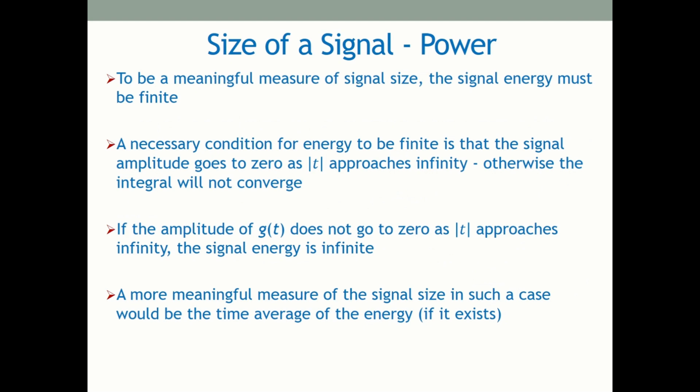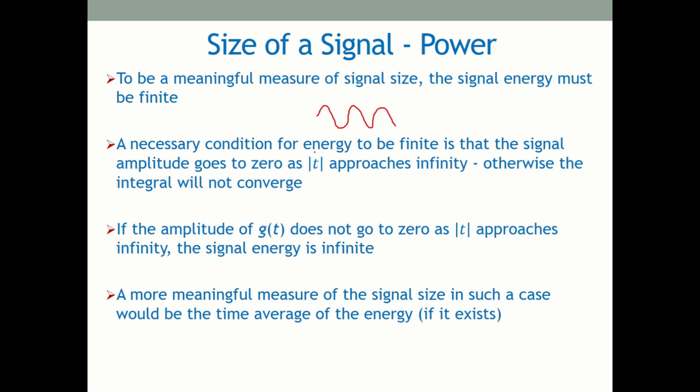There are some signals for which the energy does not exist. We cannot find it. For example, take a sine wave. If we try to find the energy of this signal by using the previous formula, we will get an infinite value.